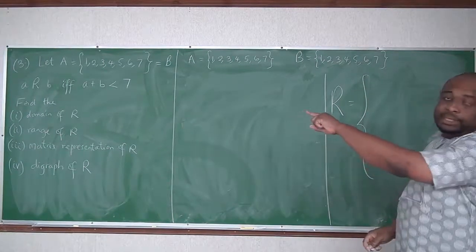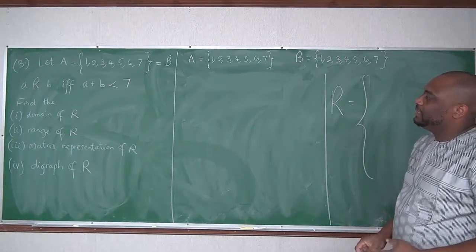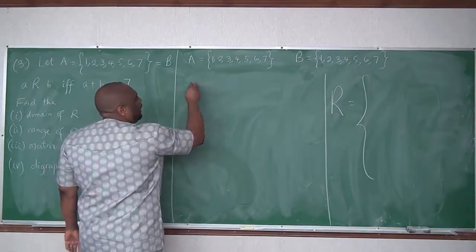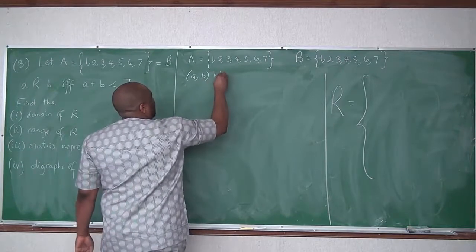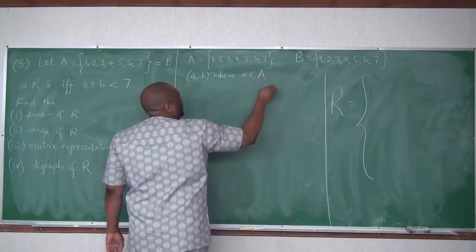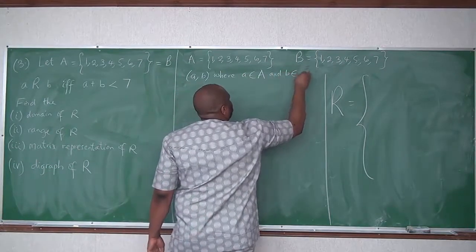And this is the rule here: if and only if A plus B is less than 7. So let's start with 1 and 1. 1 from A, is set of (A, B), where A is an element of set A and B is an element of set B.